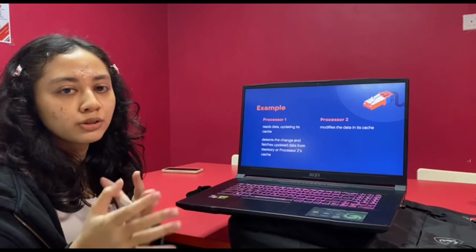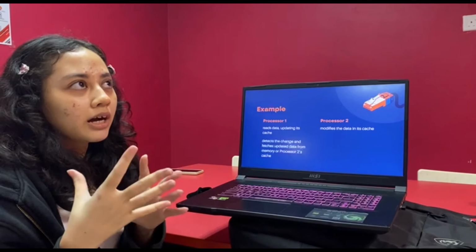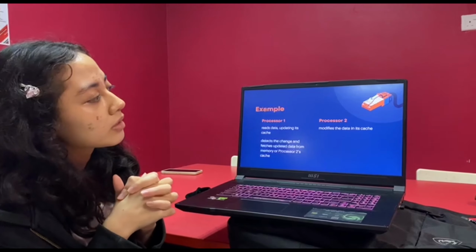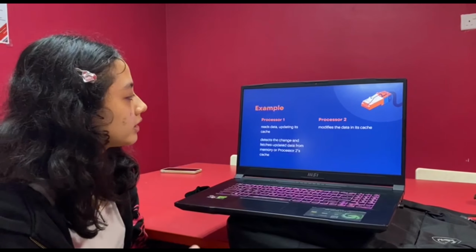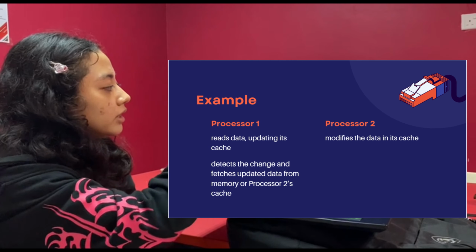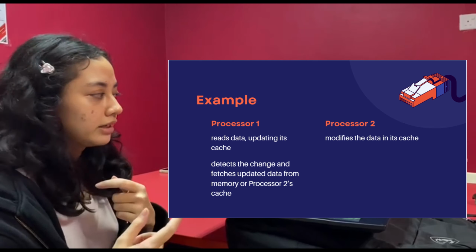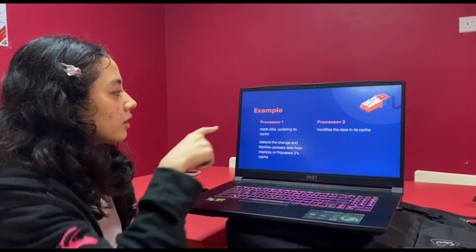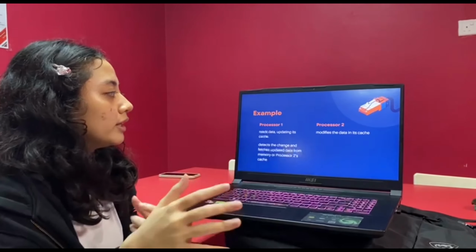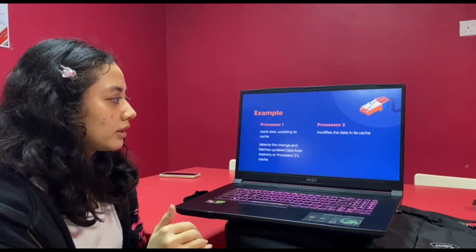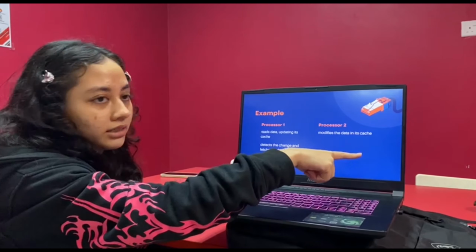To make it clearer, this is how it would maintain the data coherence. For example, processor 1 will read the data from the memory and after reading the data, it will be updated in its cache. Later, processor 2 will take the same data, read the same data, but then modify the data in its cache.